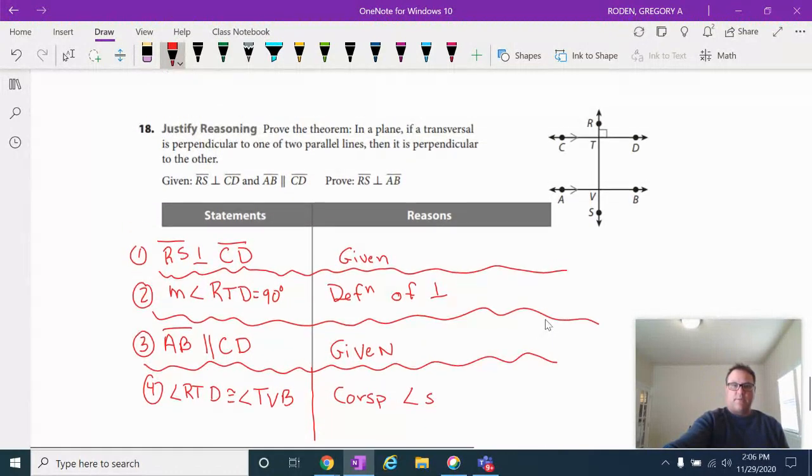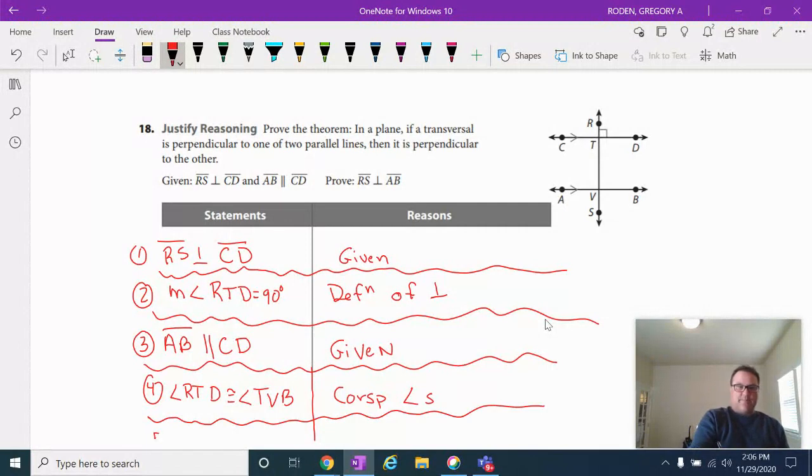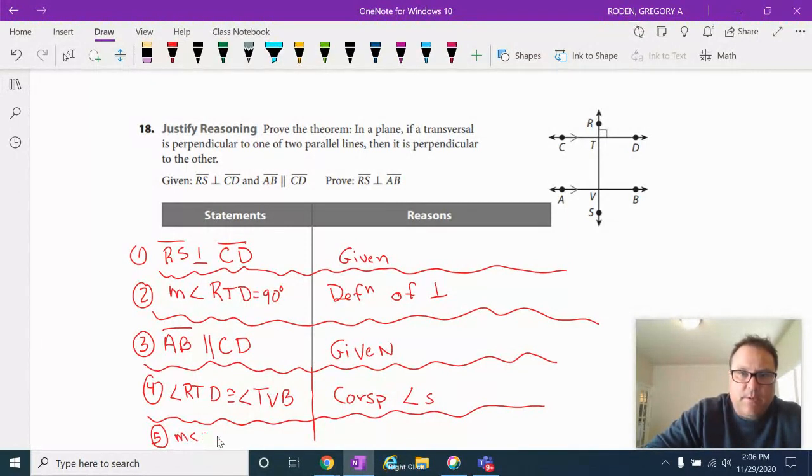All right. Let me move up here, just a little bit. So step 5 is going to be that the measure of angle TVB equals 90 degrees.